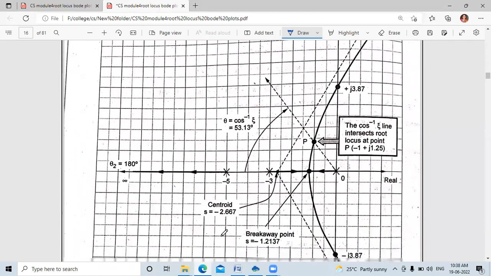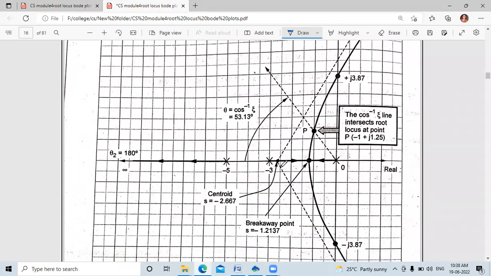So first we will mark the zeros, that is s equals 0, s equals minus 3, and s equals minus 5. And next point, we will mark it as the centroid point. From the centroid point we will mark theta 1, theta 2.